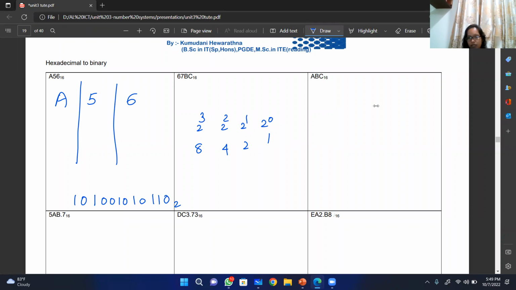Gauri has taken this one, so you can check this answer. Teacher, I got it. Then 2 have the same, so maybe the correct answer.